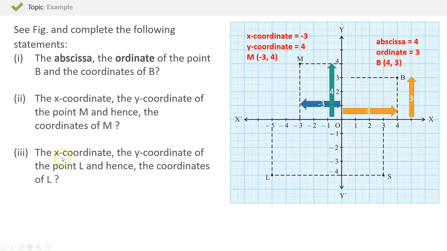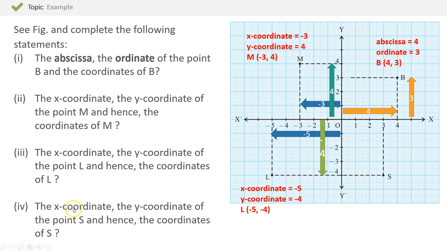Similarly, for point L, you have to go -5 points on the negative x-axis, and you have to come down on the negative y-axis 4 points to come to point L, and hence it can be represented as (-5, -4).